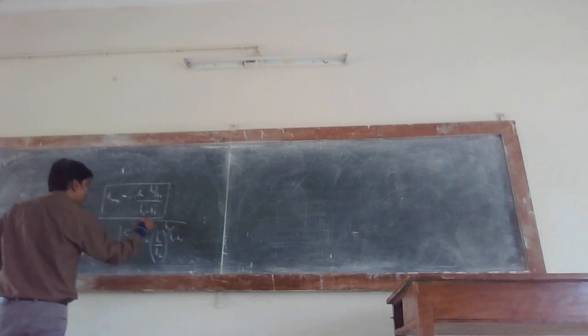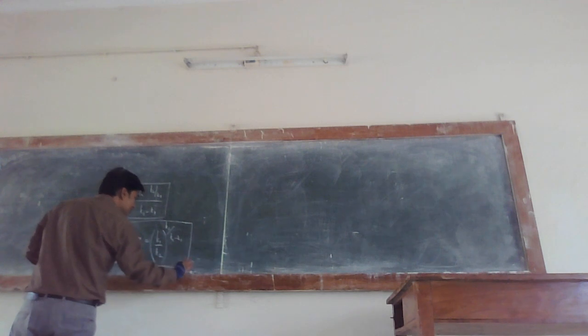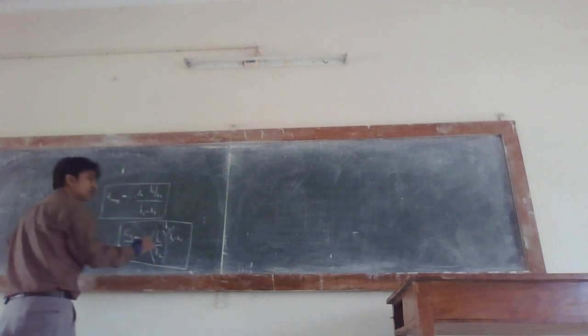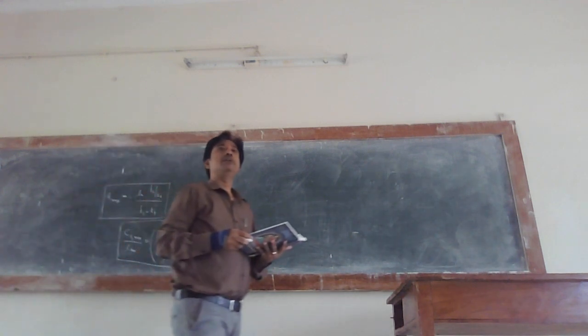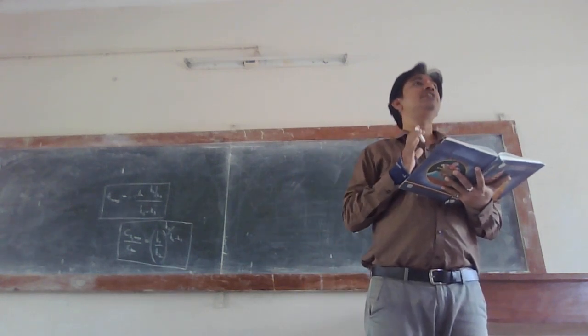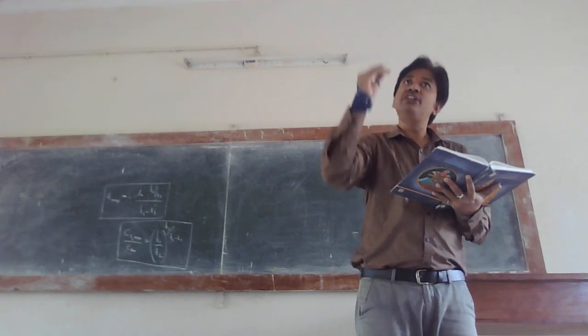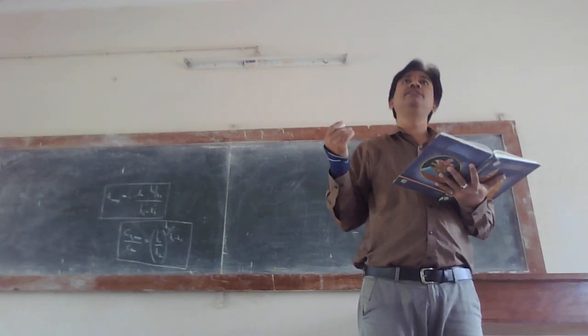These two are very important. The derivations I am leaving to you. Everyone has to derive on their own. If you have any doubt, ask, so that tomorrow we'll solve problems on these equations. Look at the textbook, where the derivation is clearly given.